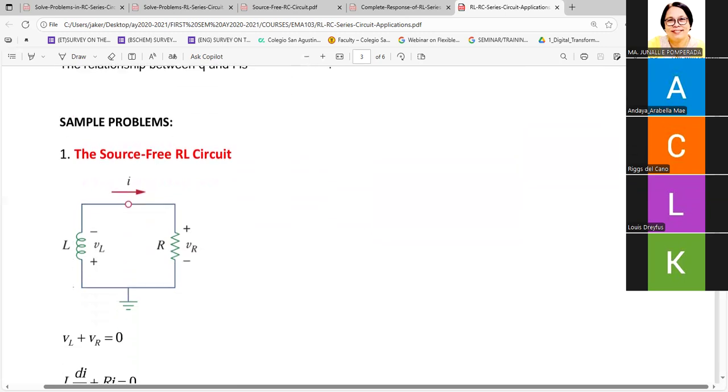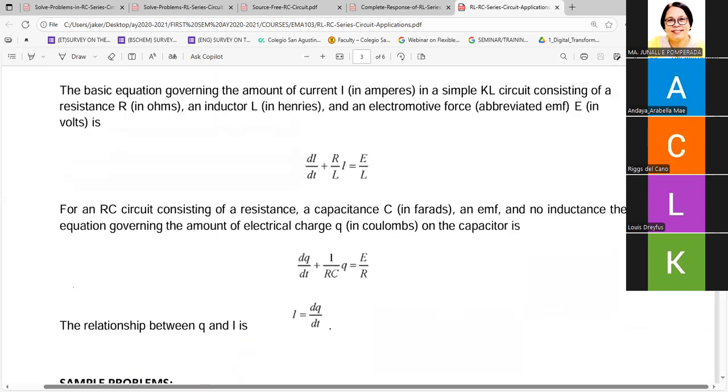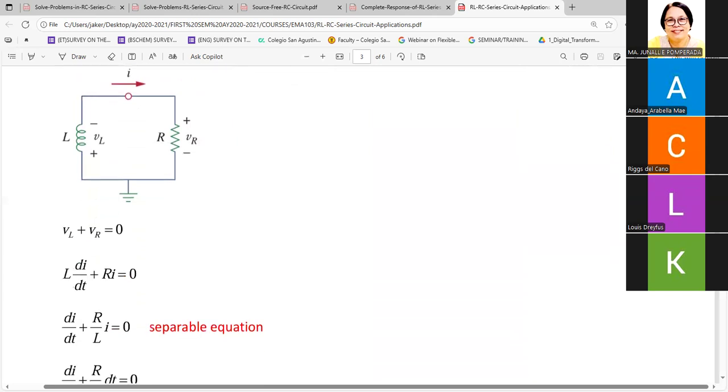We can write your DE in this sense as L di/dt plus Ri equal to 0. Why is that? Because for a circuit that has the inductor, the voltage drop across the inductor is L di/dt, and the voltage drop across your resistor is Ri.